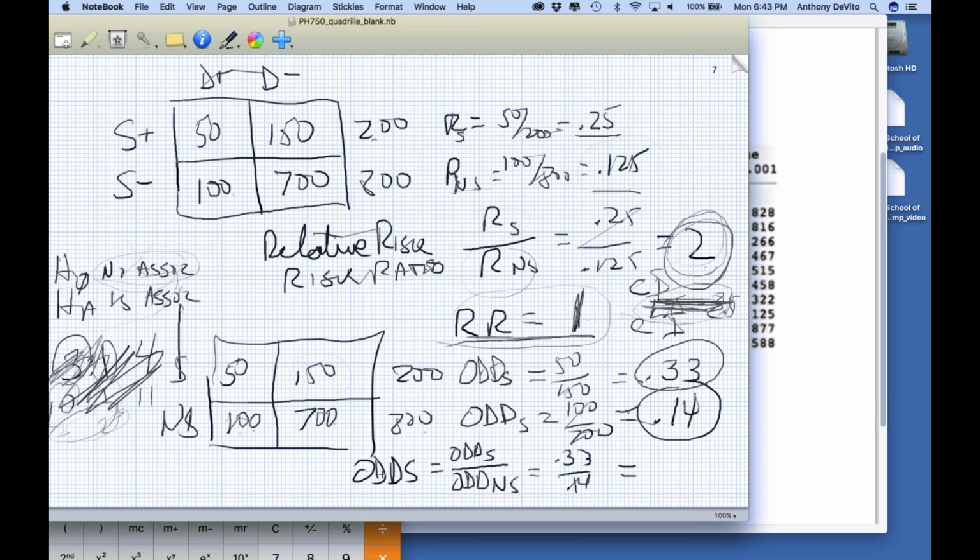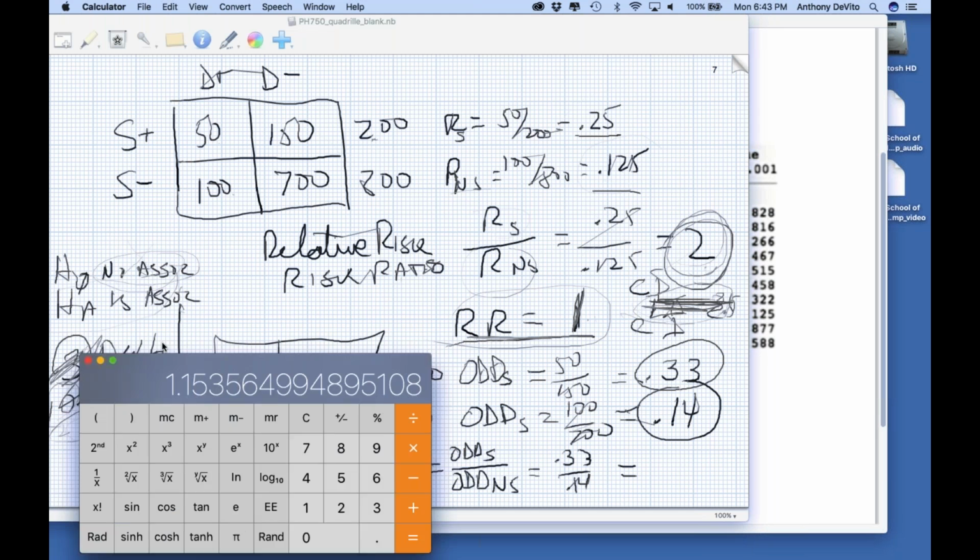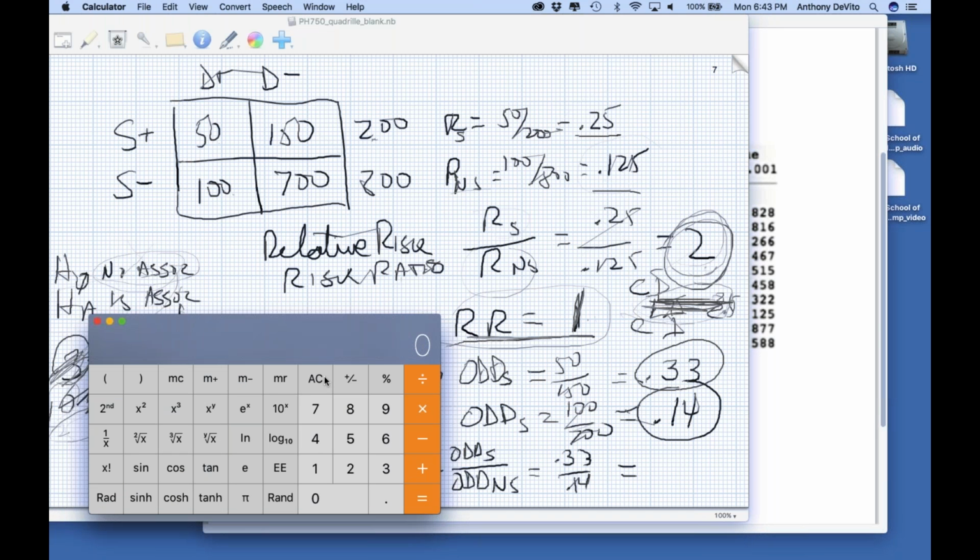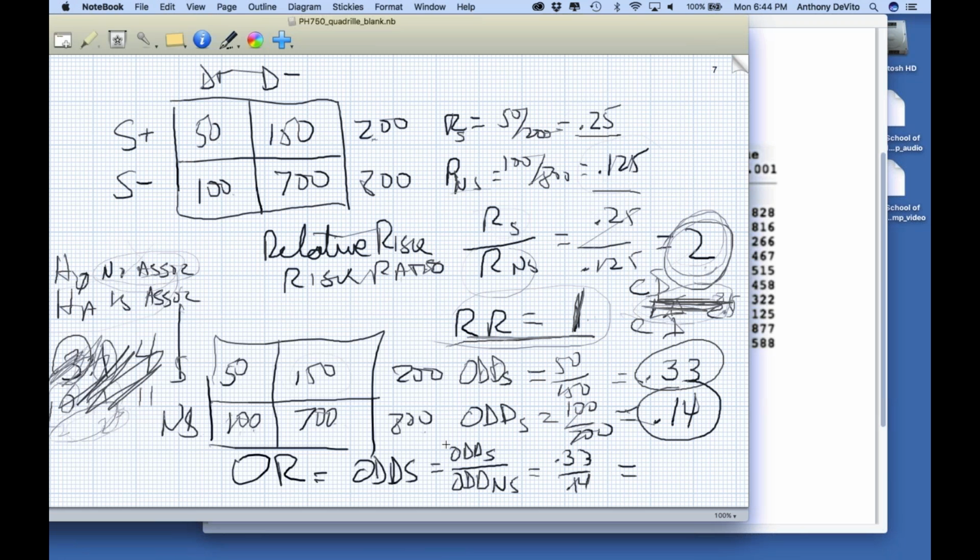So our odds ratio, OR, is equal to 0.33 divided by 0.14, which is 2.36.